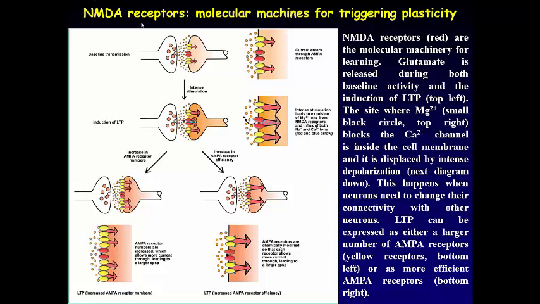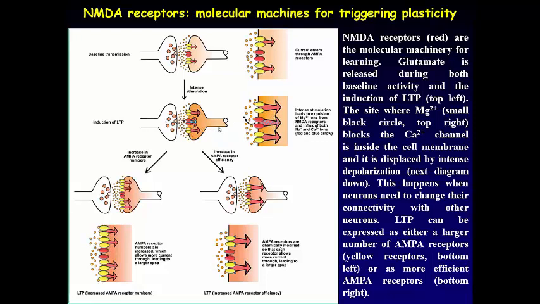Normally, baseline transmission results in activation, as we see here, of the yellow ones, which are AMPA receptors, so sodium flux without calcium, which is blocked because magnesium ions are here. But intense stimulation results in removal of this block, so we have induction of long-term potentiation, and we have sodium and calcium ions rushing in.